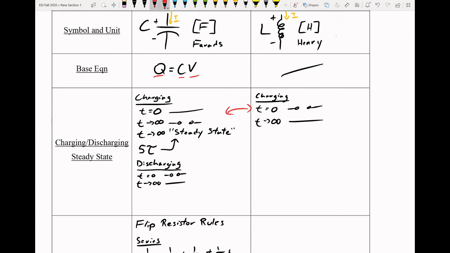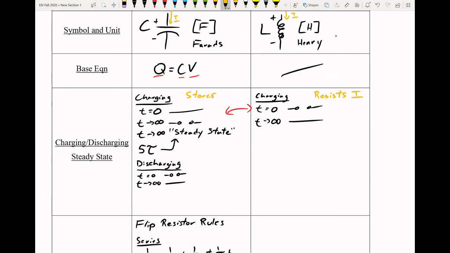Reason being is that the capacitance stores and the inductance resists current flow.